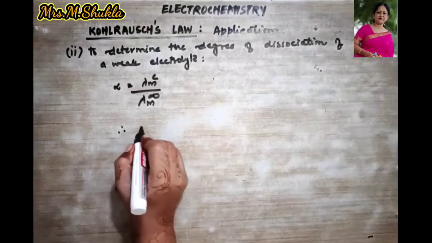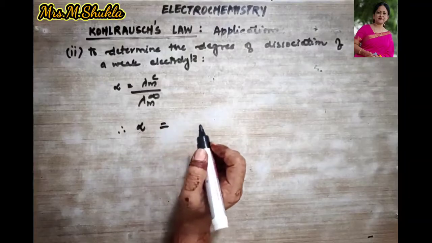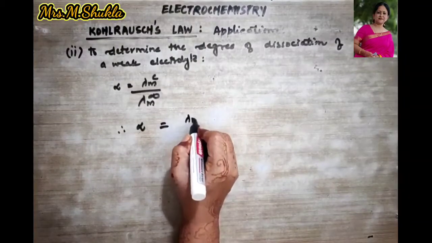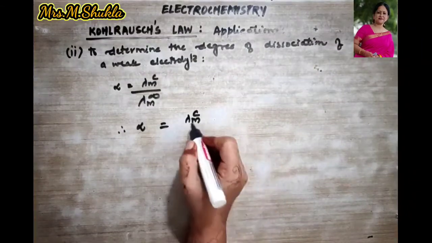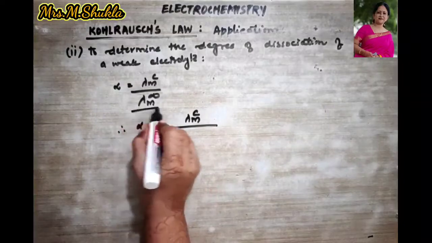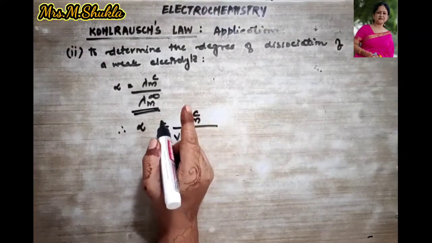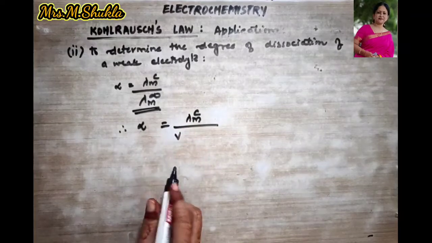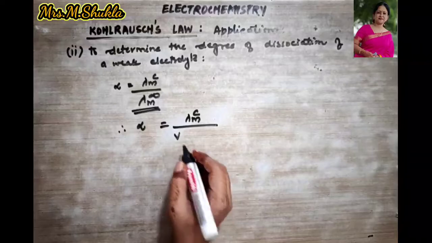So we can also say that this is equal to the molar conductivity of a weak electrolyte at concentration C upon the molar conductivity of the positive cation and the negative anion at infinite dilution, isn't it?